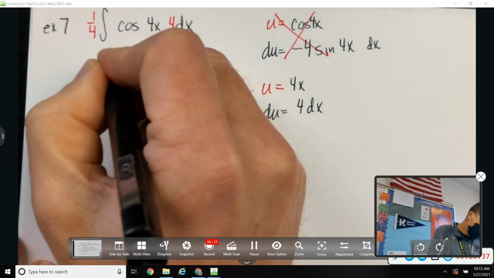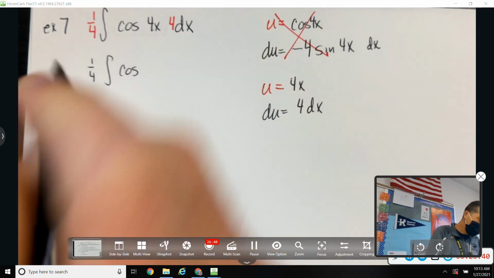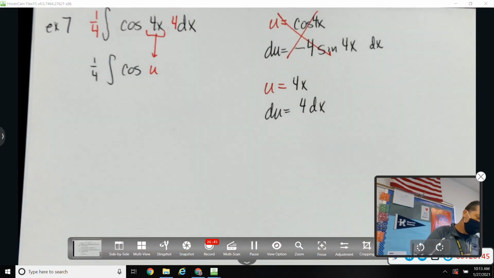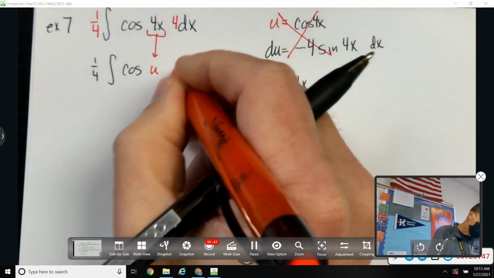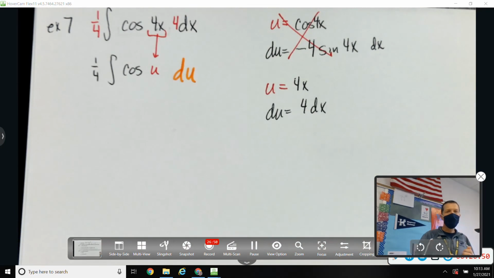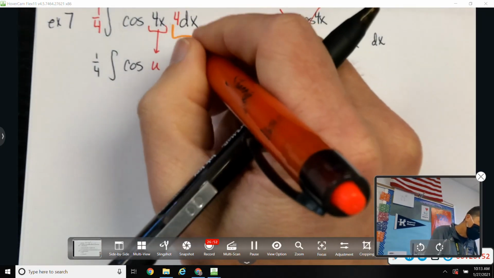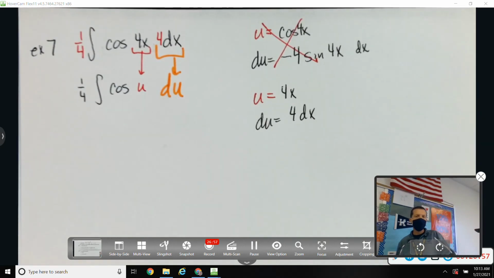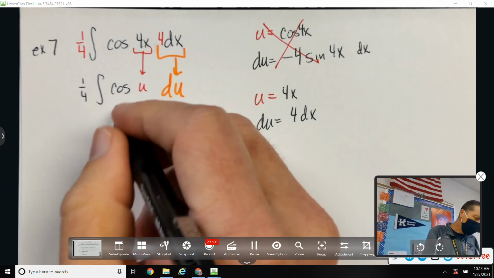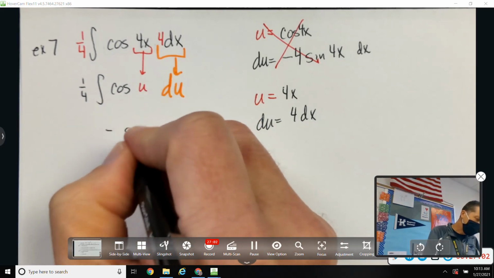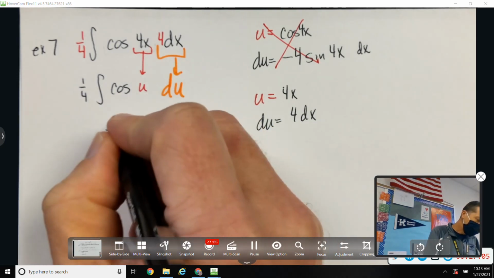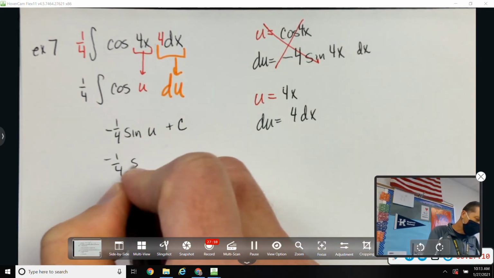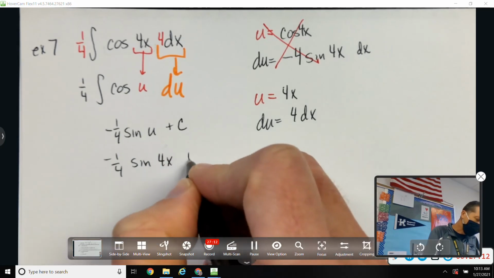So 1/4 integral of cosine of u du. Okay, well that looks a lot nicer, because the integral of cosine is sine. So 1/4 sine of 4x plus c.